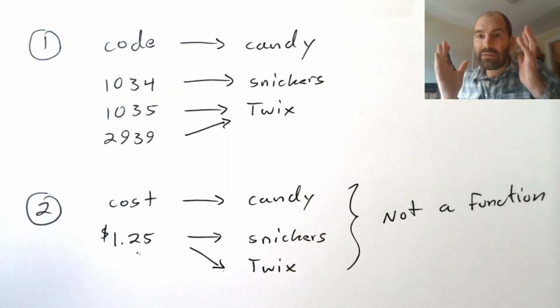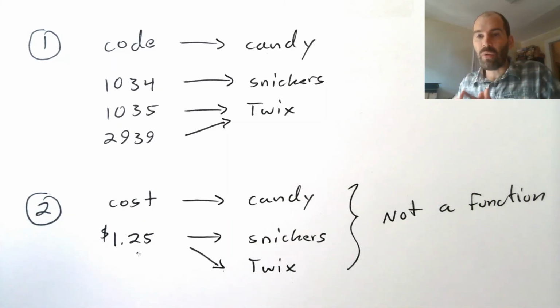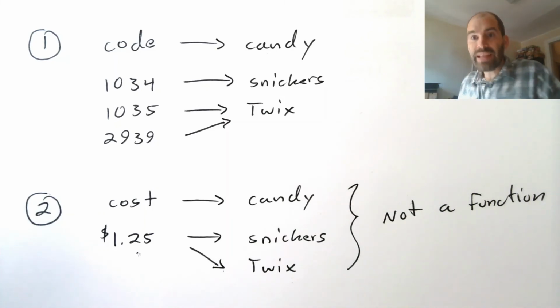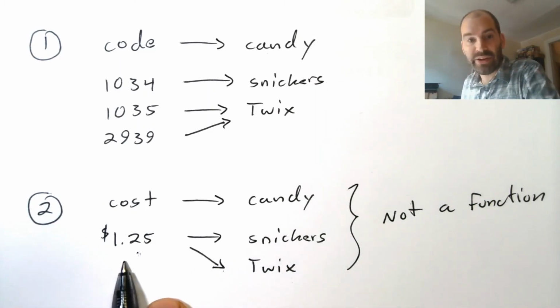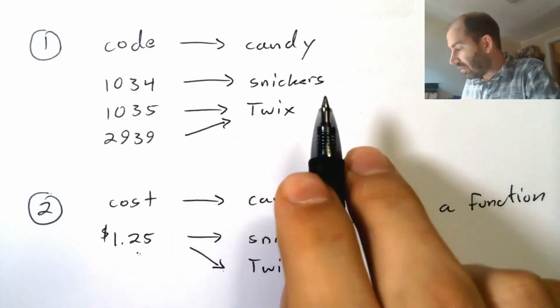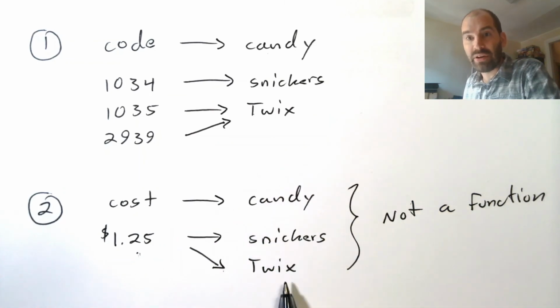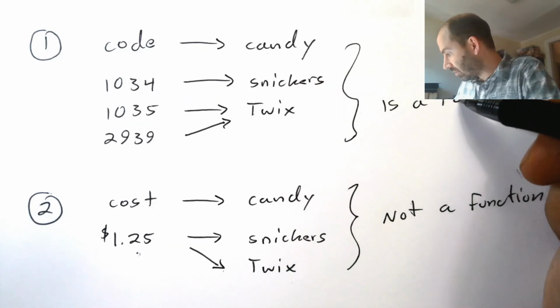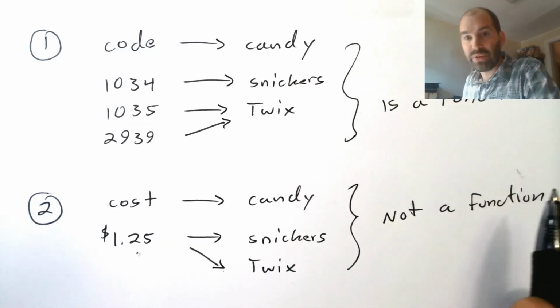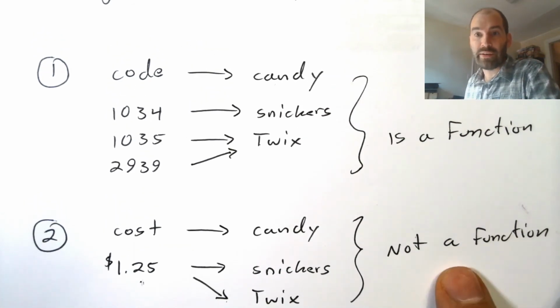So for a function to work, I need to know that from what I put in, I need to know exactly the single thing that I'm going to get out. And that's not the case here. So this is a function. This is not a function. Okay, this one is okay. This is a function. But this one is not. Okay.